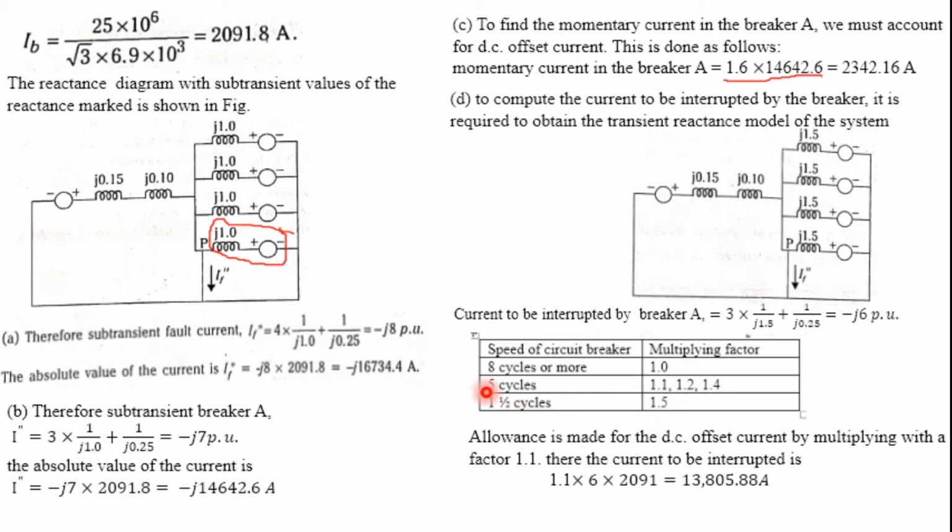Here we are accounting for the 5 cycle, so we multiply by 1.1, 1.2 or 1.4. Considering the first one, it is 1.1. So 1.1 into 6 into 2091 gives 13,805.88 amperes. This is different, subject to the transient and subtransient values of the current.